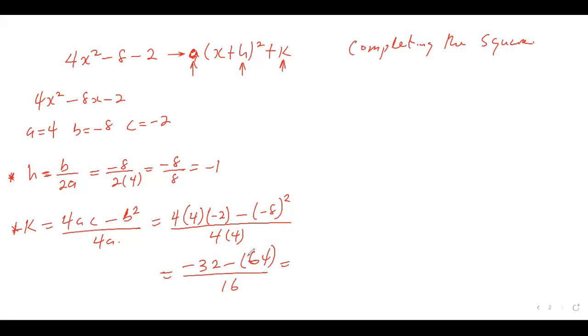So -32 minus 64, what do I get? -96. So -96 divided by 16, what do we get? -6. Any question up to this point? All we are doing is just substitution, nothing more.